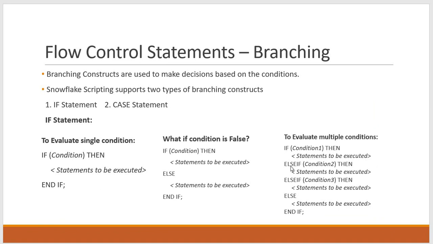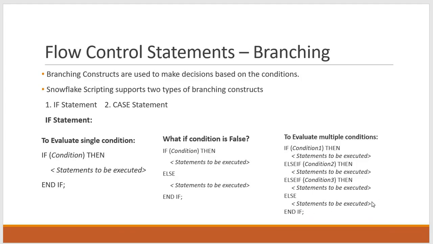You can write any number of else ifs to check multiple conditions. Else if condition 2, then list of statements. Else if condition 3. Like this, you can write any number of else ifs based on the number of conditions to be evaluated. If all conditions are false, then by default, whatever we mention in the else condition, that list of statements will be executed.